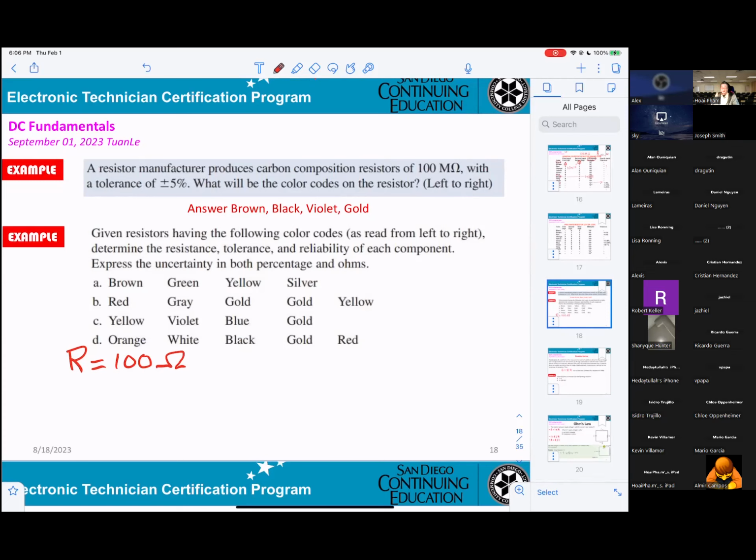No way you can get the exact value of 100 ohm. So that's why they're asking about tolerance, plus or minus 5%.